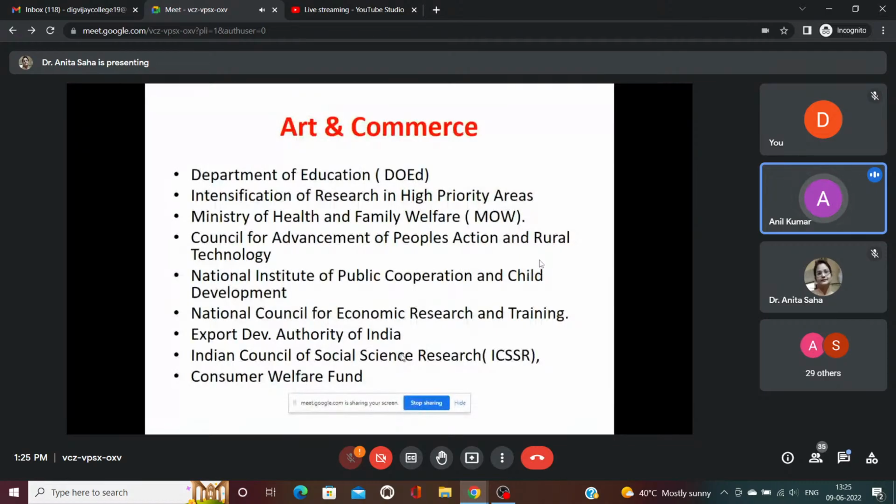Ministry of Rural Development, National Institute of Public Cooperation and Child Development, National Council for Economic Research and Training, Sports Development Authority of India, Indian Council of Social Science Research, Consumer Welfare Fund. You can approach, you can apply.